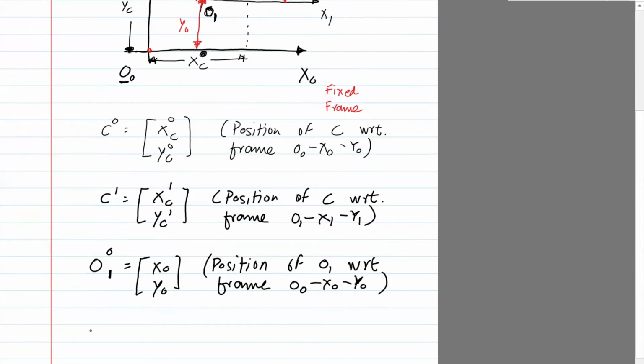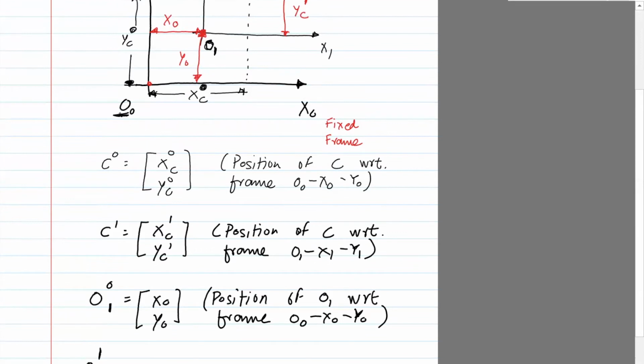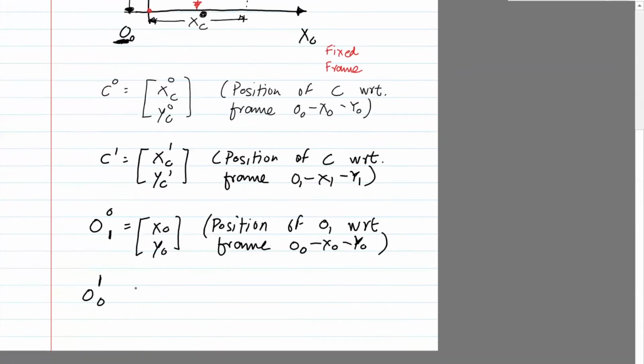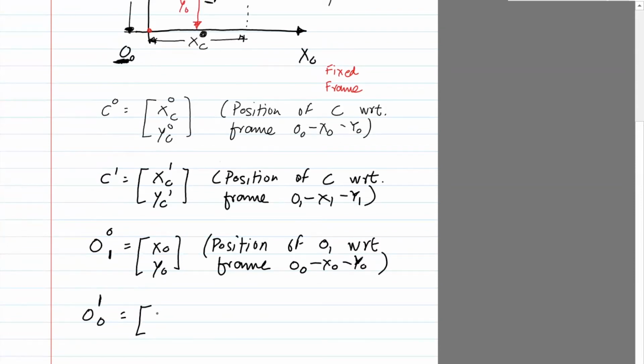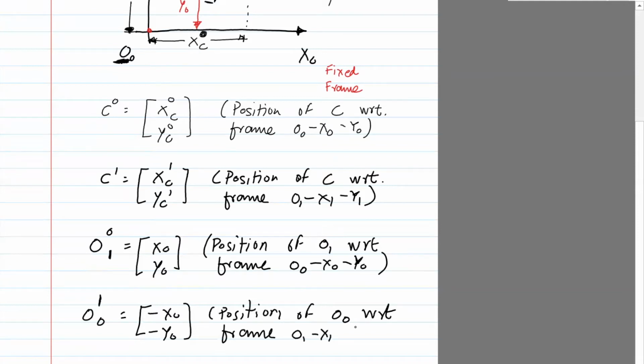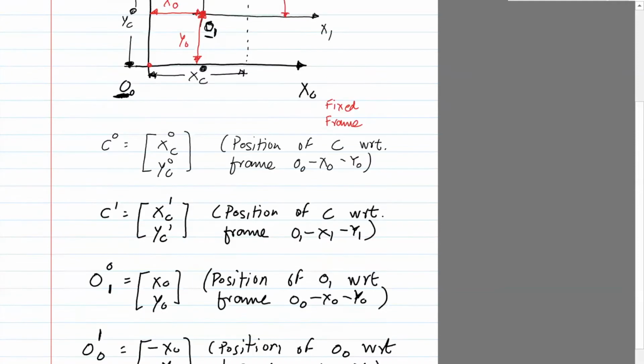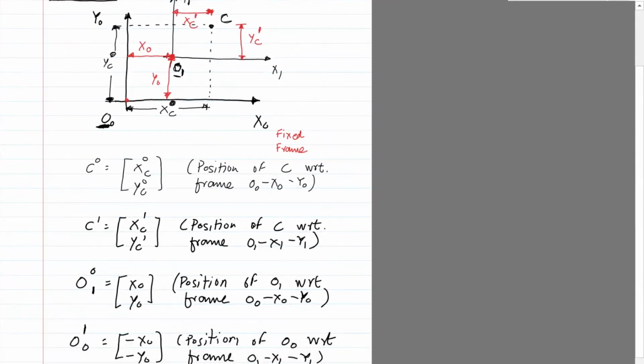And we can also write position of frame 0 with respect to frame 1. So this is basically telling what's the coordinate of O when you look at from O1. So that will be simply negative x0, negative y0. Okay, so position of O with respect to frame 1, x1, y1. So that's just how translations are described.